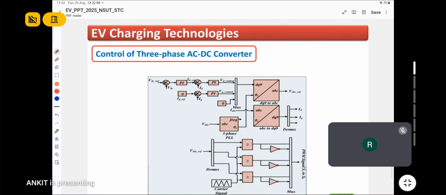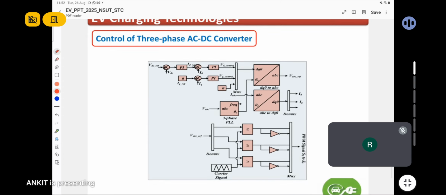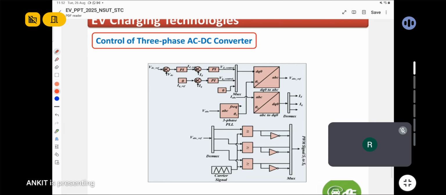This is the control strategy of the three phase AC-DC converter. It is a very well known control strategy developed in the DQ reference frame. Here VDC, we are controlling the DC link voltage.